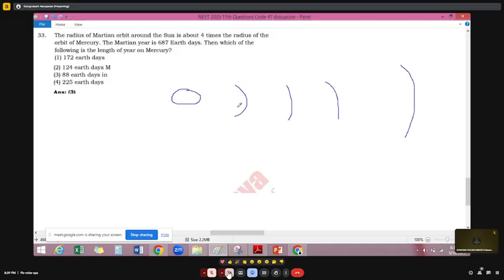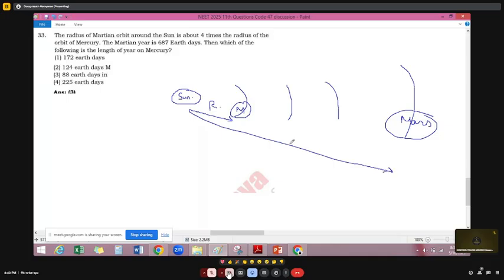This is Mercury, this is Mars, this is Sun. This is R, and it's 4 times the radius of orbit of Mercury, so this is 4R. They have not talked about Venus or Earth, so let us not worry about those.